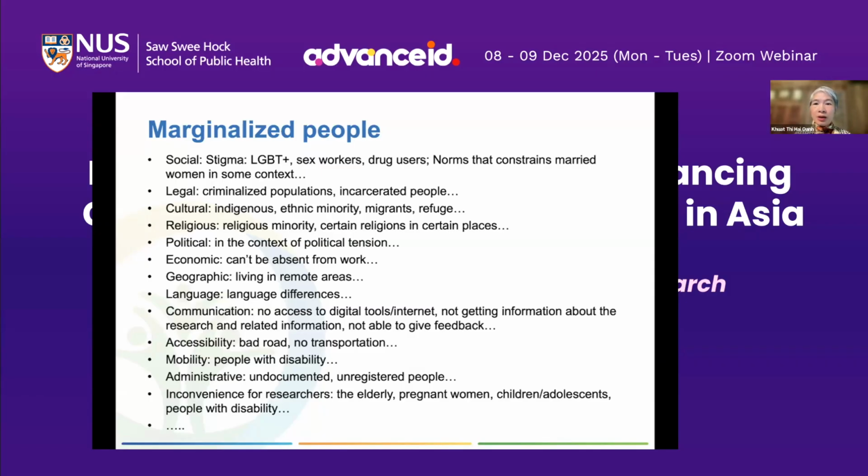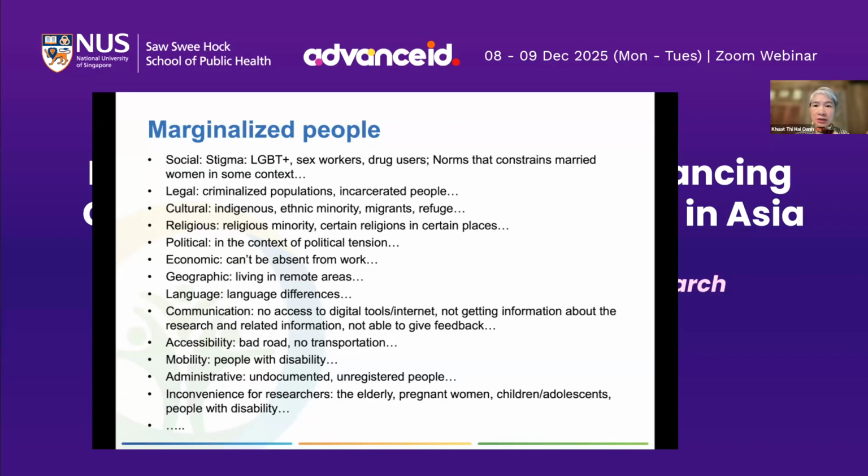like social factors, including stigma. In many societies, LGBTIQ people are stigmatized and marginalized, as are sex workers and drug users. There are some norms that constrain people, like in some societies, married women should not travel without a male companion, for example, a male relative.